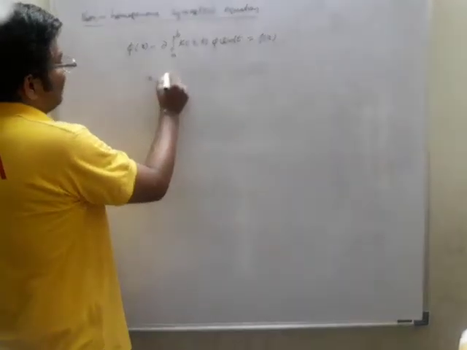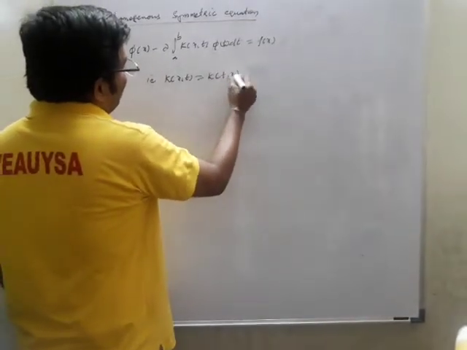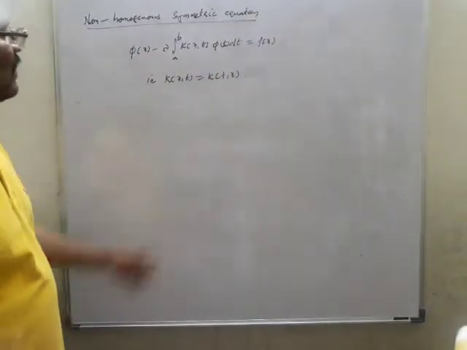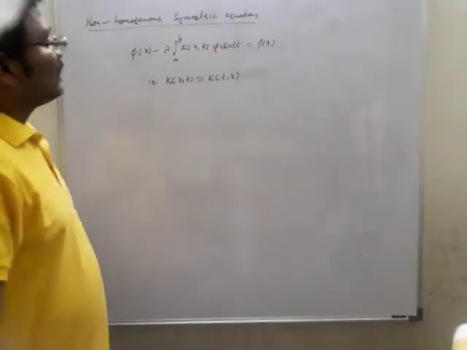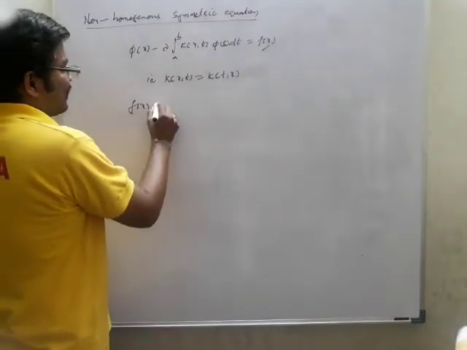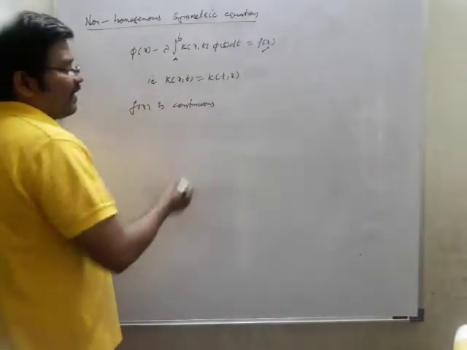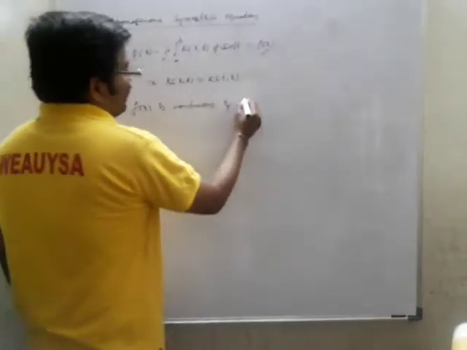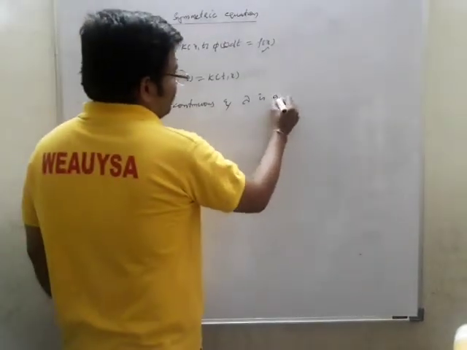Symmetric means that k of x comma t must be equal to k of t comma x. So this is the condition that should be satisfied for the non-homogeneous symmetric equation. And f of x is a continuous function, and lambda is a parameter.